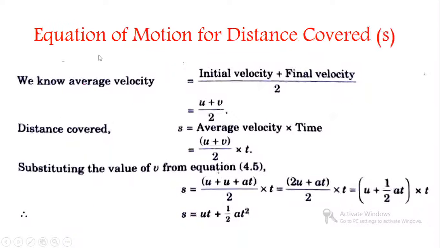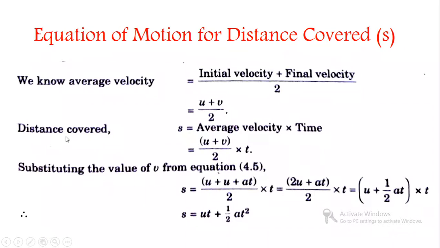Next, the equation of motion for distance covered. From this equation you can find how much distance the object has traveled. We know that average velocity is equal to initial velocity plus final velocity divided by 2, that is (u plus v) divided by 2.